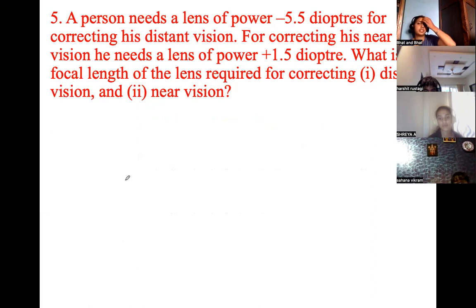A person needs a lens of power minus 5.5 diopters for correcting his distant vision. For correcting his near vision, he needs a lens of power plus 1.5 diopter.